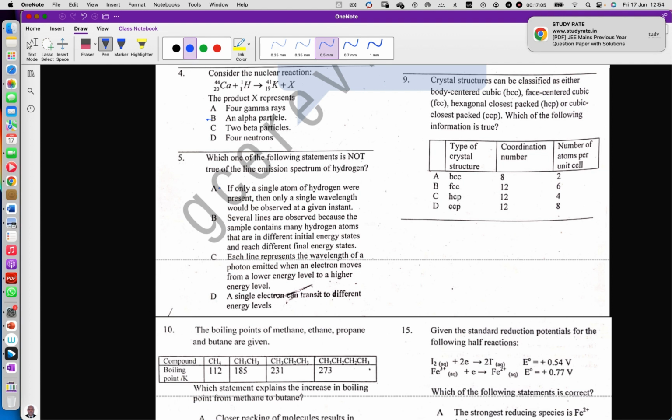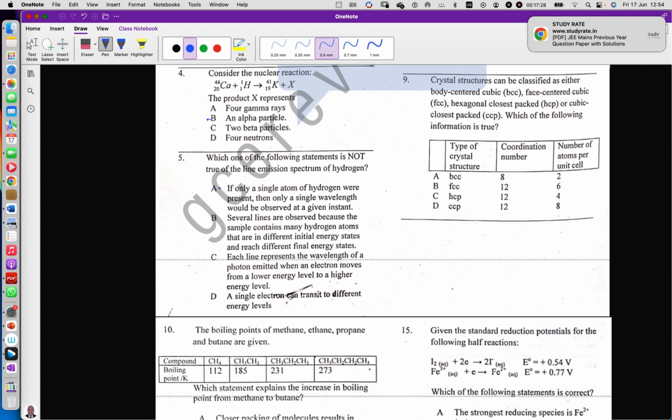No. Photons are emitted when electrons drop from a higher energy level to a lower energy level. So C is not right.